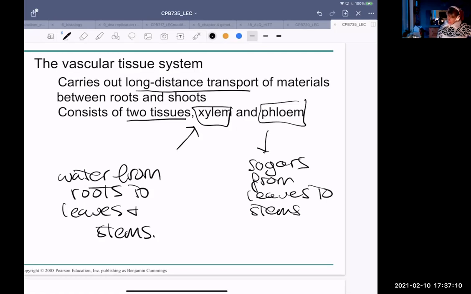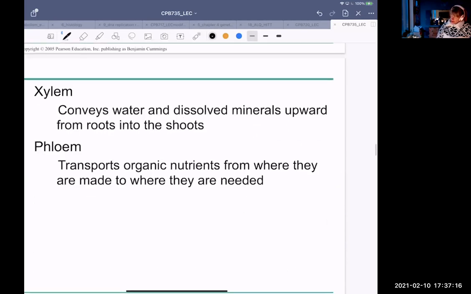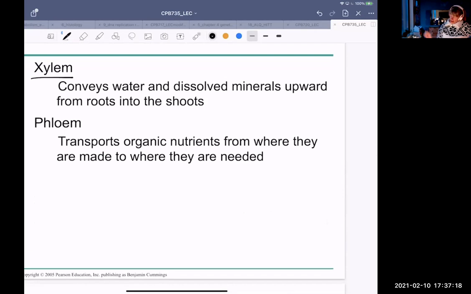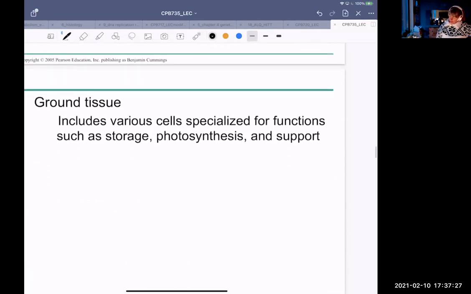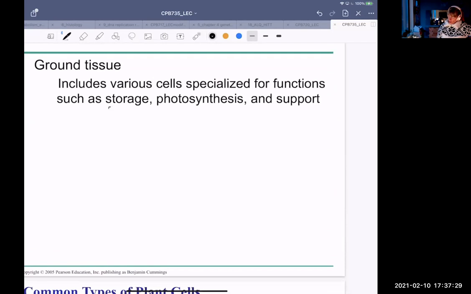Phloem flows down. So xylem to the sky, water, dissolved minerals upward, phloem, organic nutrients to where they're needed. And ground tissue has all kinds of functions: storage, photosynthesis, and support.